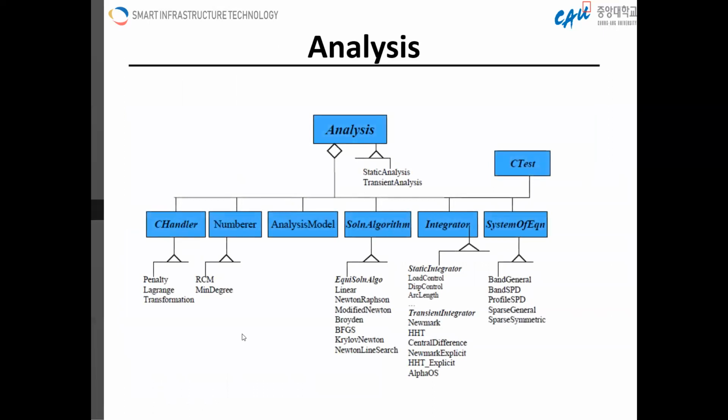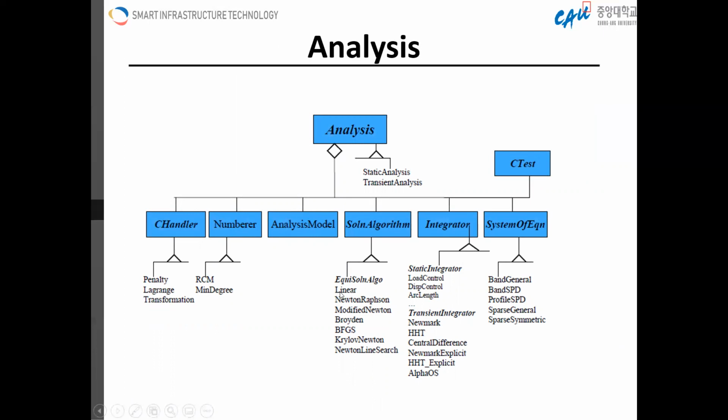Analysis steps include static analysis or transient analysis. We have constraint handlers, which are further divided like this. When we want to use them, we use transformation or Lagrange. Here we have used RCM as the numberer, and then the analysis model and solution algorithms.